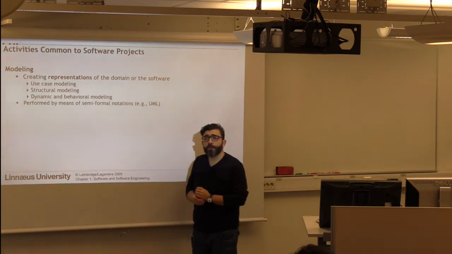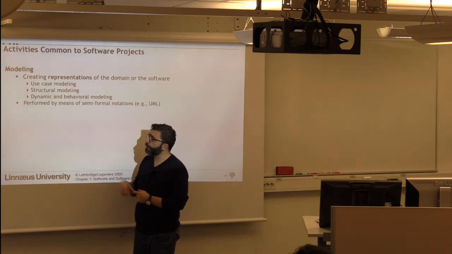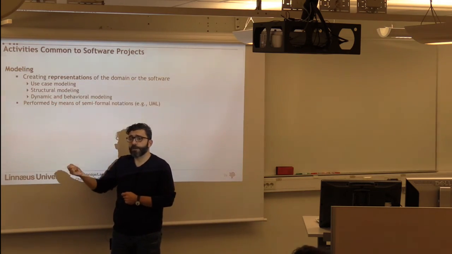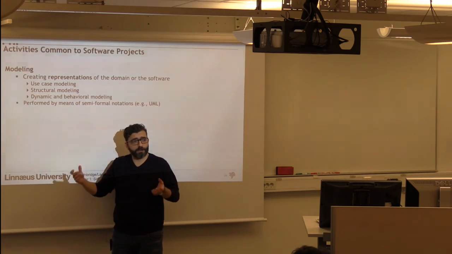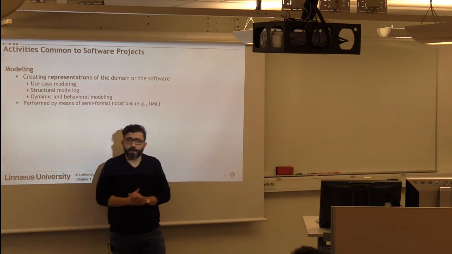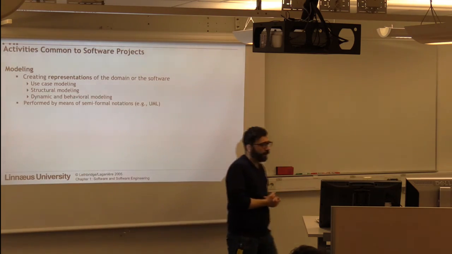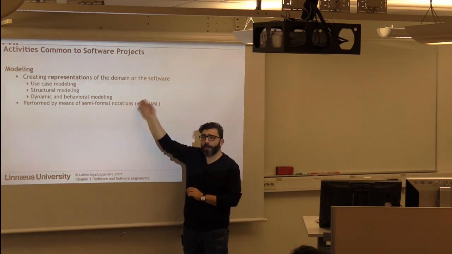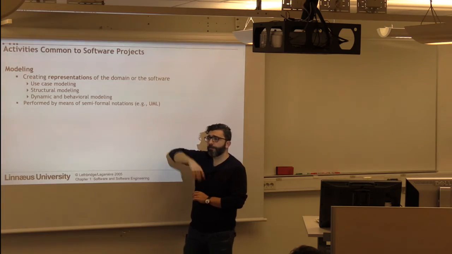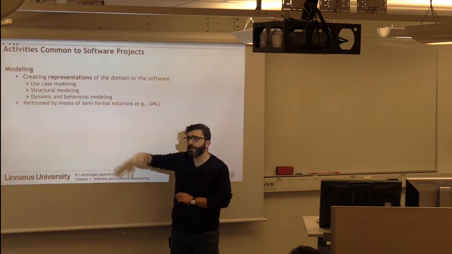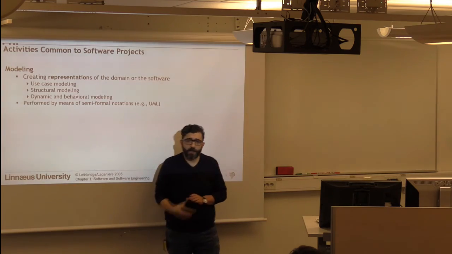And we will also use models for specifying the dynamics and behavior of the system: how the subsystems that we introduced interact with each other, how the data flows from one subsystem to another. And we will use UML diagrams for all of this, from the requirements down to the performance analysis, down to the design and implementation.